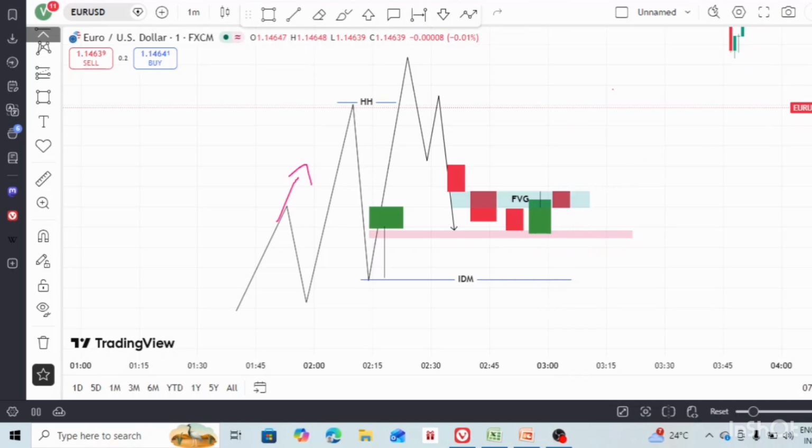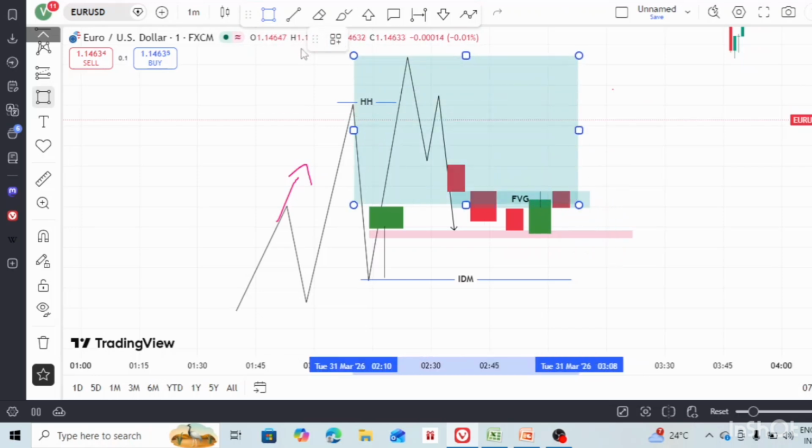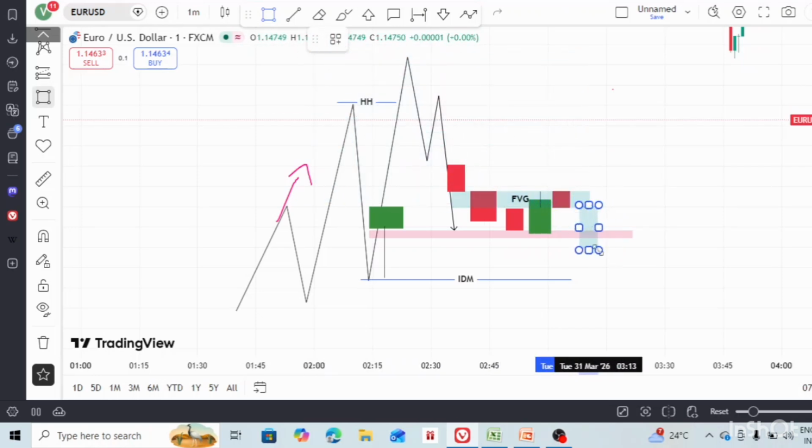So what is the engulfing rule? After this candle closes at this 50% level, this is the engulfing rule. They will place their trade to the upper direction again, but then the market will most of the time move to the downward direction.